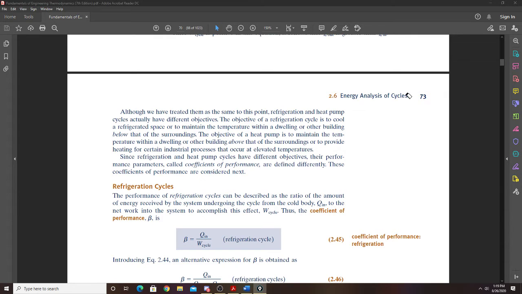And then it says, although we have treated them the same at this point, refrigeration and heat pump cycles actually have different objectives, which is true. So obviously you guys know what a refrigerator does, right? Refrigerating essentially just removes warm air from the space and inserts cold air, right? So in your refrigerator, it's essentially recycling. It's taking air out of it that's warm, and it just keeps re-putting in cold air.